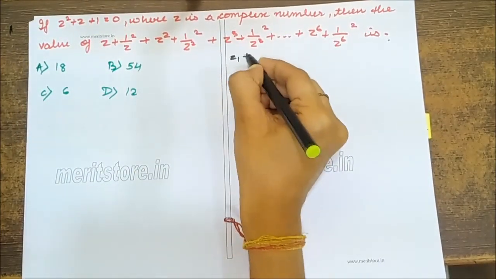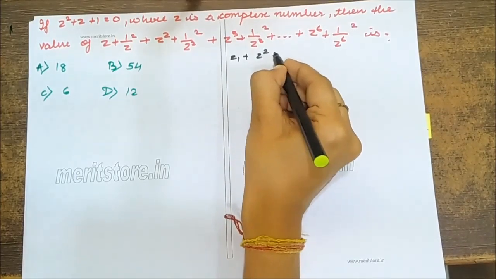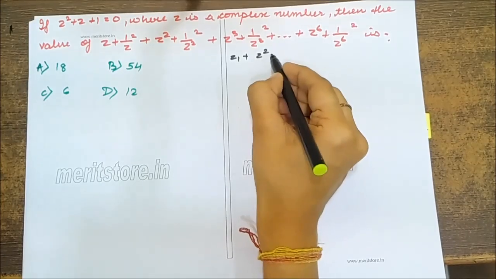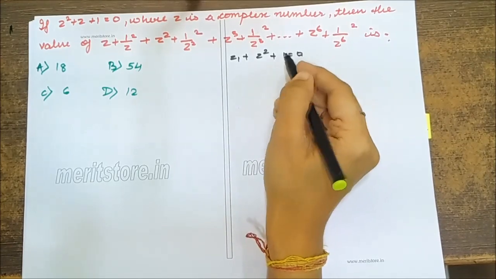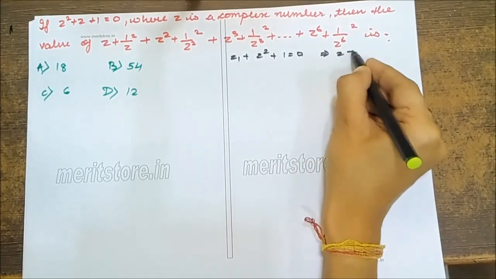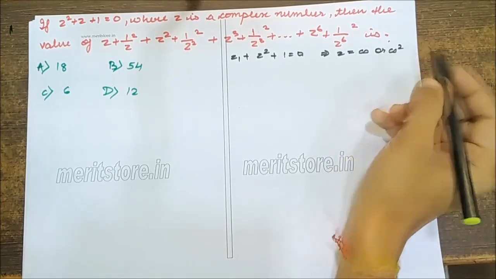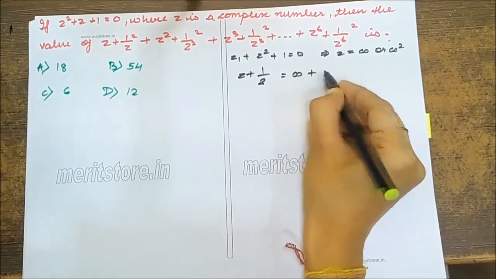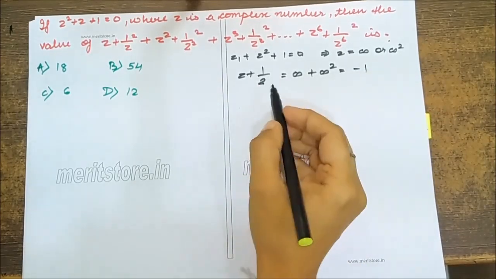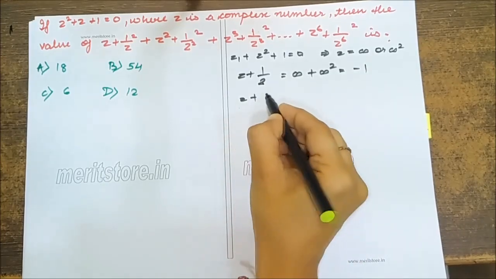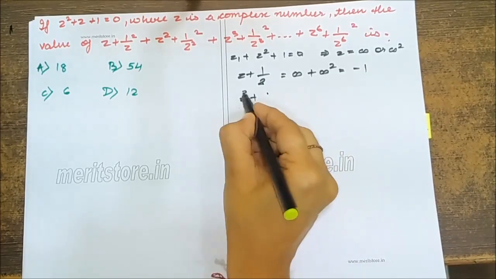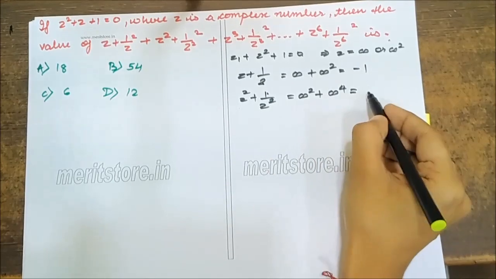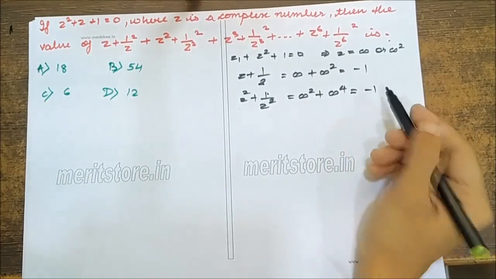Z squared plus z plus 1 is equal to 0. It's given that z will be omega, or let's say omega squared. So z plus 1 upon z is equal to minus 1. Your z squared plus 1 upon z squared is equal to omega squared to the power 4, that is equal to minus 1.